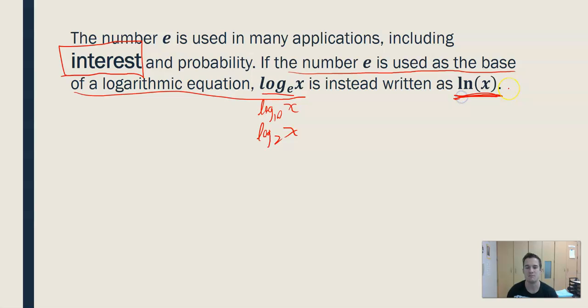So we're going to use this more today. Will I get real mad if you use this instead of this? No. But as far as notation goes, most of the time we'll be using ln when we're talking about a log with a base of e. And again, e is that 2.718, etc. number. We'll use that today, and we'll talk about in our calculator where you can use that.